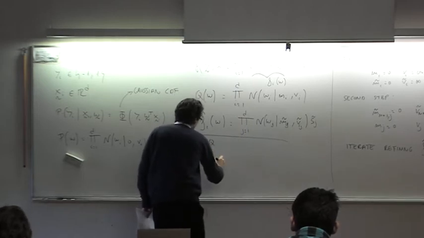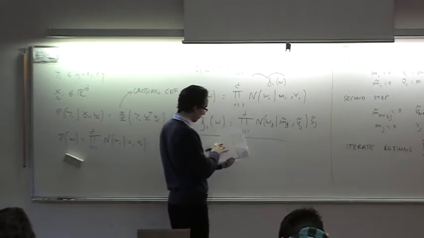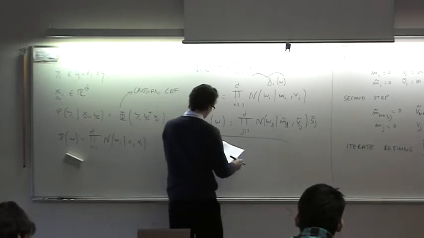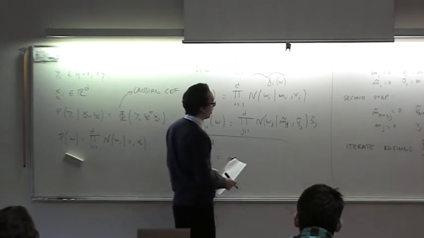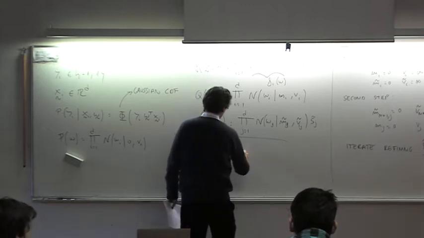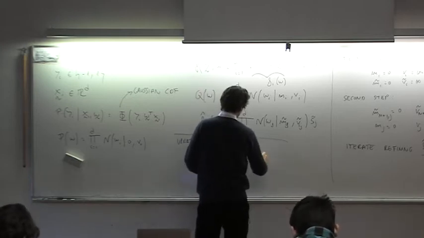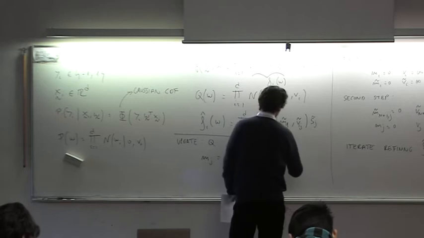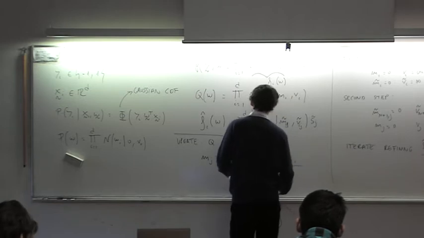You have an Mj, which is going to be the mean of the tilted distribution, plus the variance of the tilted, and then the derivative of the log of the normalization constant with respect to the mean of the tilted.